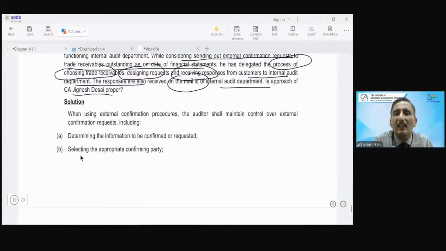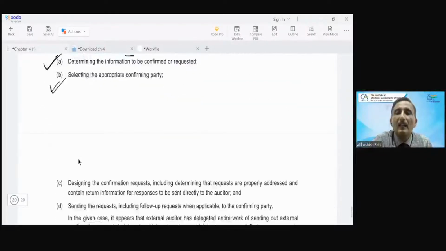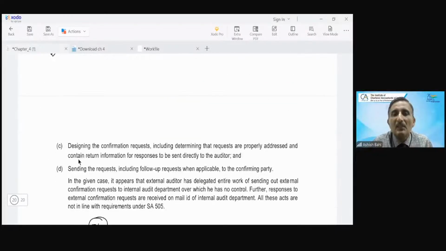When using external confirmation procedures, the auditor shall maintain control over external confirmation requests, including determining the information to be confirmed, selecting the confirming party, designing confirmation requests, sending the requests and evaluating them. Responses are also to be evaluated by the external auditor, not by the internal auditor.